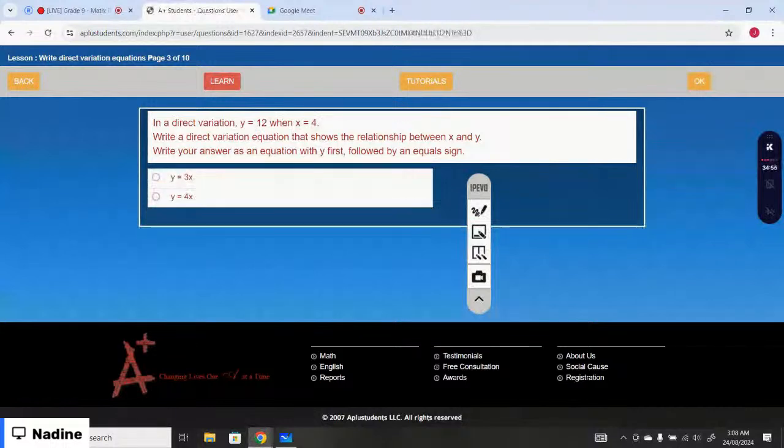In a direct variation, y equals 12 when x equals 4. Right? Write a direct variation equation that shows the relationship between the x and y. So which is the correct option?